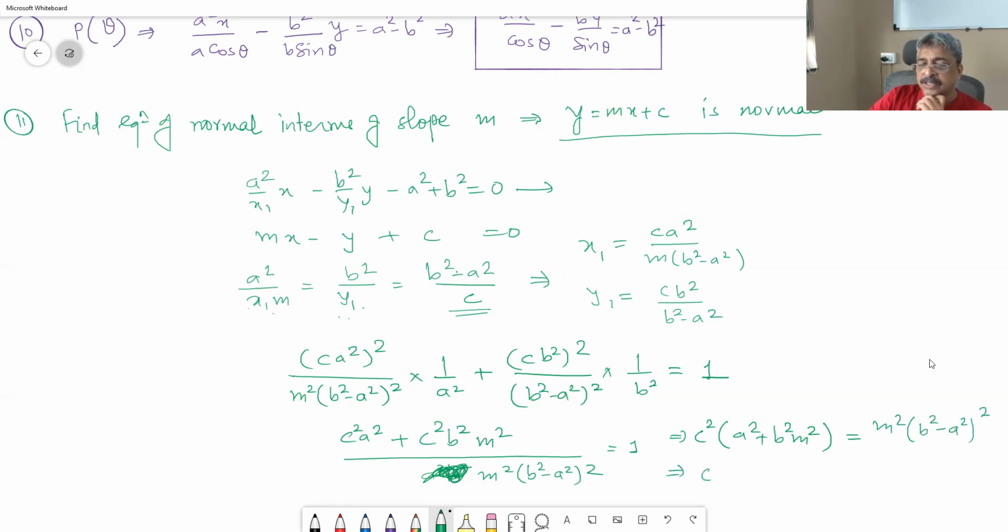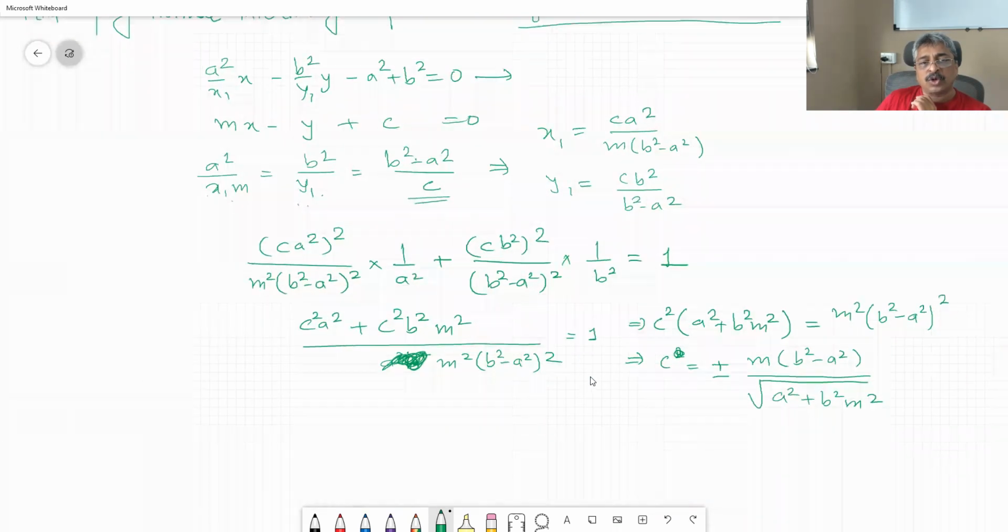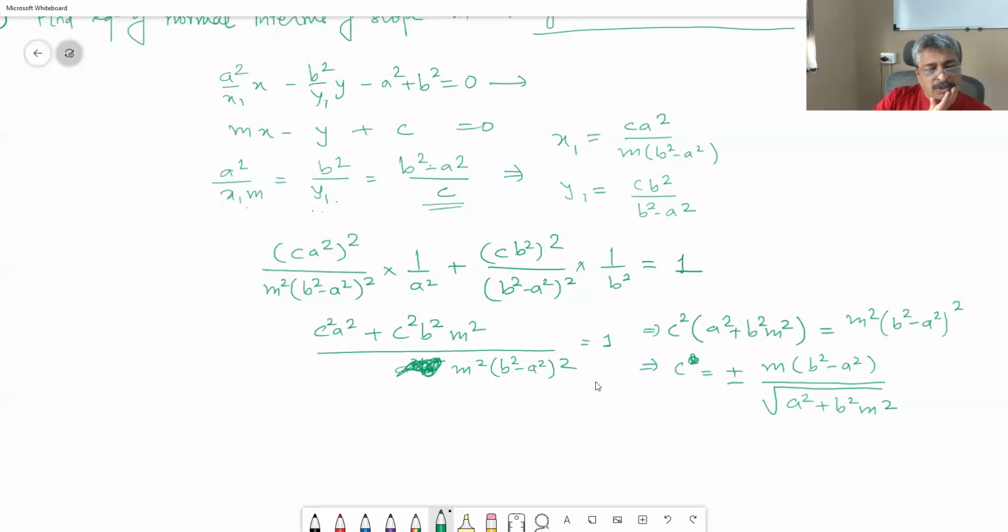And hence c is equal to, taking root simultaneously, plus or minus m inside bracket b square minus a square, or a square minus b square, because this plus and minus is available outside, over radical a square plus b square m square. This is your condition for tangency, and therefore the equation of normal in terms of slope is y is equal to mx plus minus m into b square minus a square upon radical a square plus b square m square.